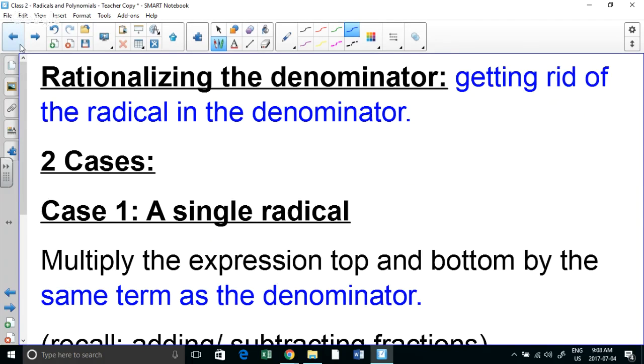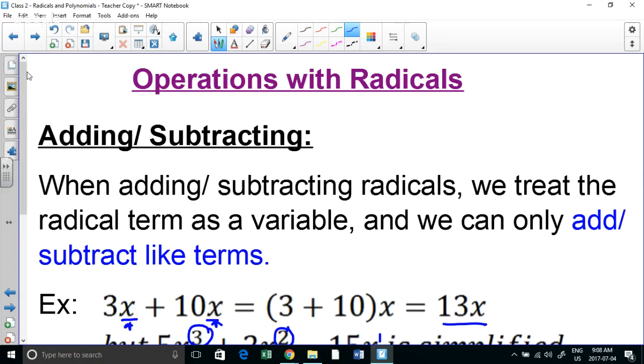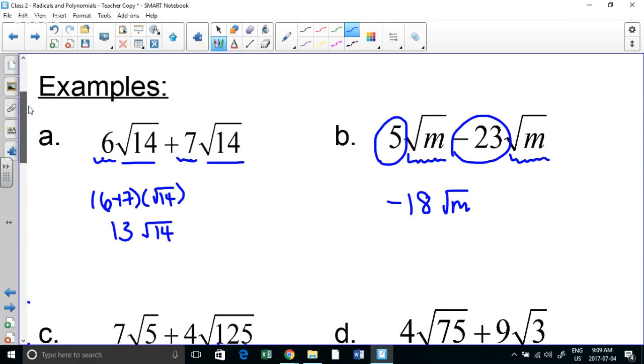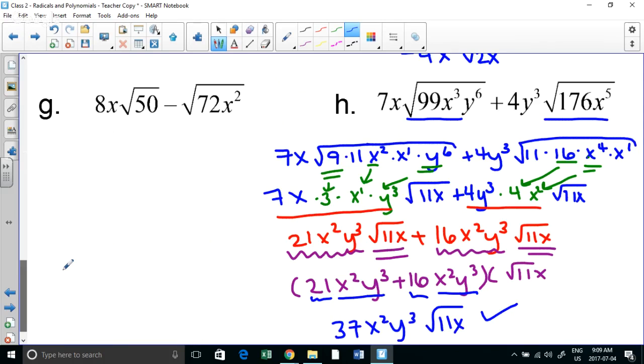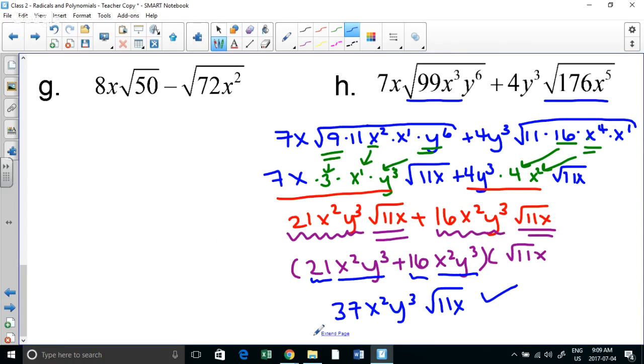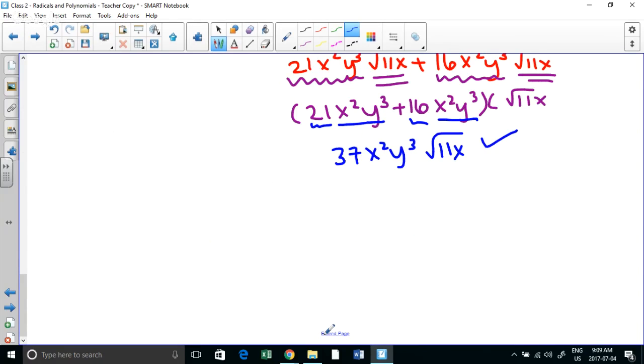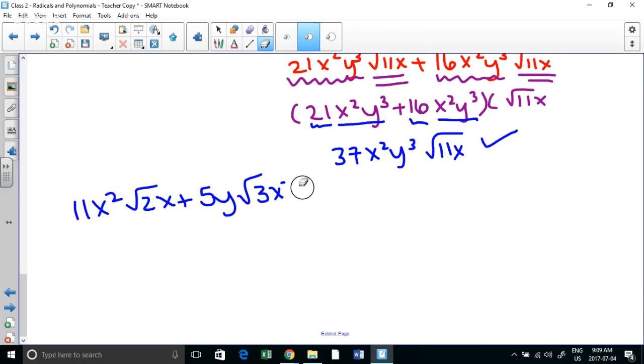Really good question in the chat. So before we look at that, I just want to take a look at this quickly. When I look, 3x is not the same as 2x.